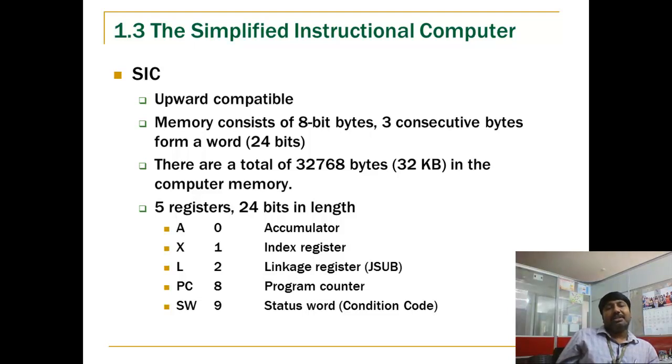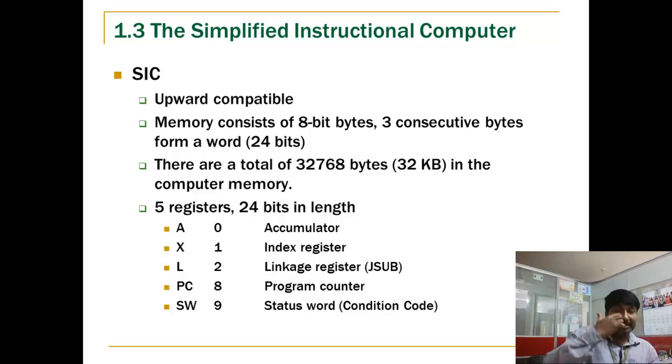The number given to accumulator is 0 and it will be denoted with A, and we will use an index register X. Index register X number is 1, and we will use a linkage register, probably we will use an instruction called JSUB, there we will use a linkage register L. We will use the program counter PC, the number is 8. Status word or condition flags will be used, the number will be 9. So in this particular SIC we will discuss accumulator, index register, linkage register, program counter, status word.